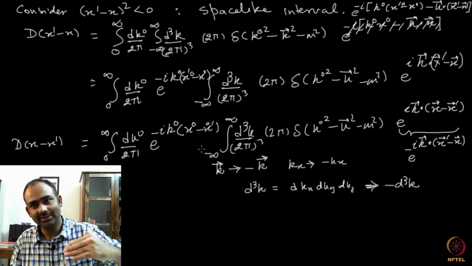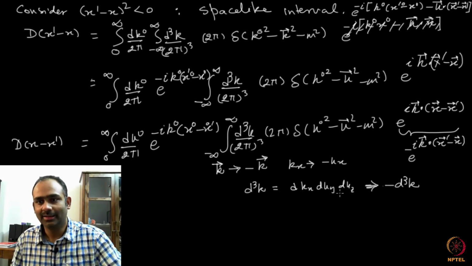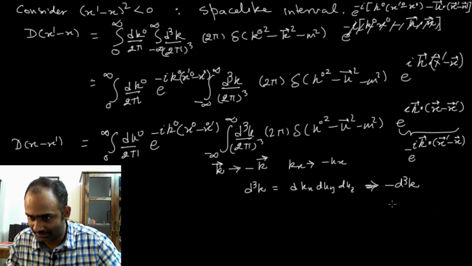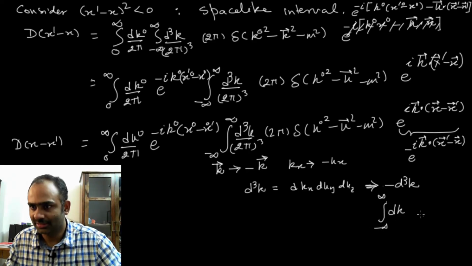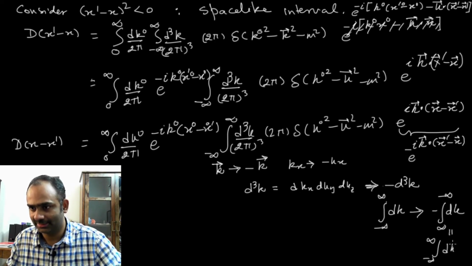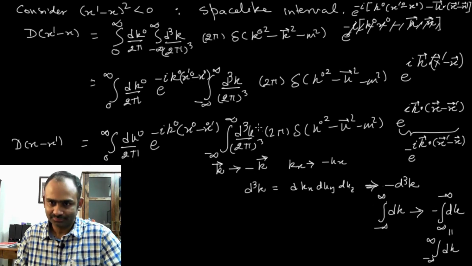They will go from infinity to minus infinity, right? But then you have an overall minus sign here, and each integral limit you can interchange again. So let me write explicitly. If you take k going to minus k, dk becomes minus dk, and infinity to minus infinity you can interchange, which is the same as minus infinity to plus infinity dk. So you get back the same thing.